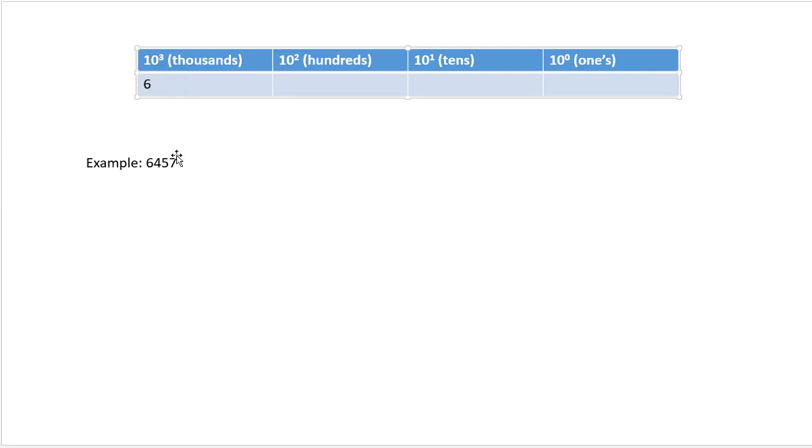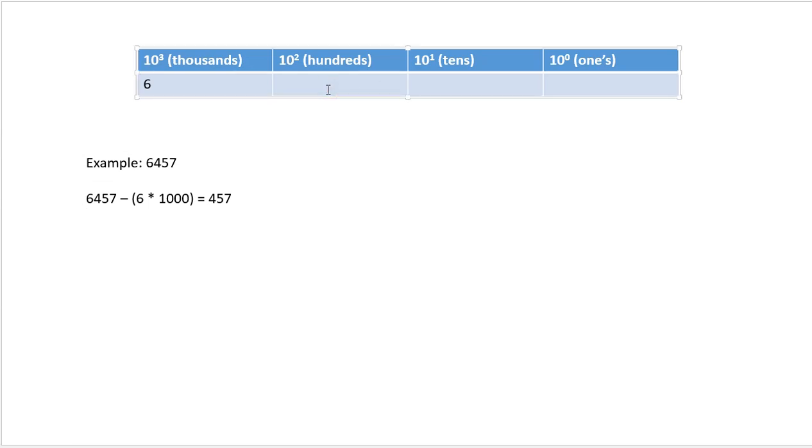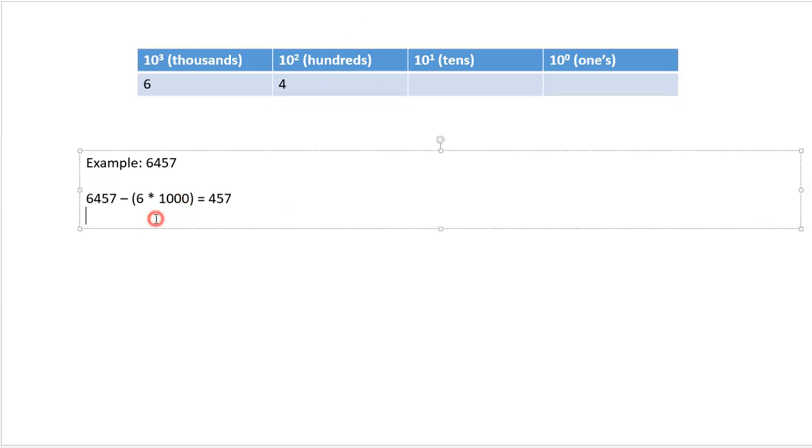We know 6 of them go in there, so we need to do 6,457 minus 6 times 1,000, which is 6,000, and that's going to leave us with 457. How many hundreds? We know 4 of them go into it. So we then need to do 457 minus 4 times 100.